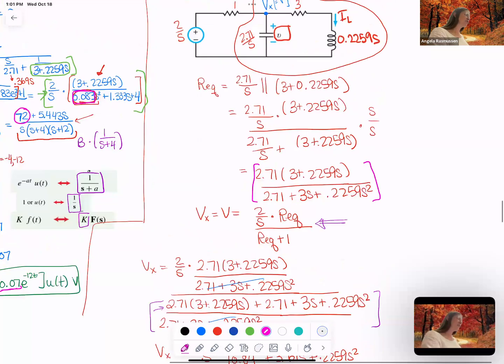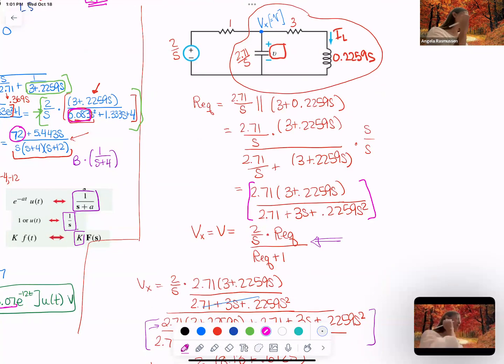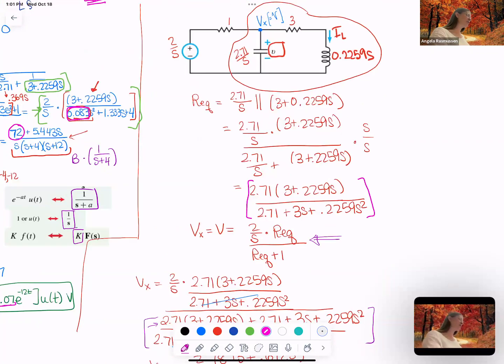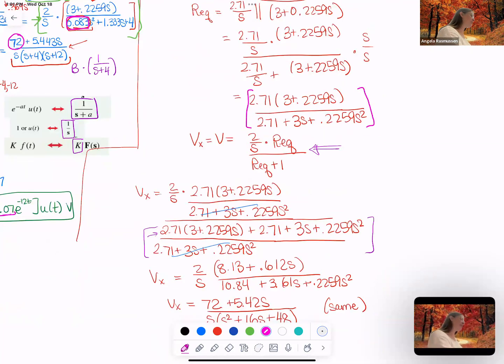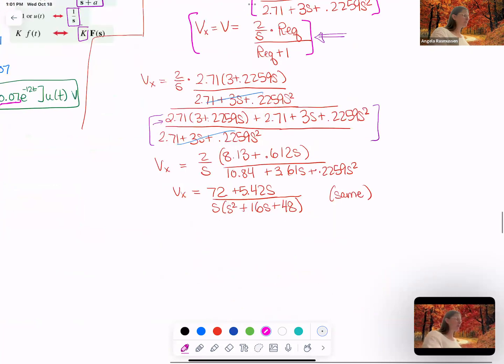And then you can do either voltage division or node voltage from there, which is just going to be (Vx minus 2 over S) divided by 1, and then the R equivalent will just be Vx over R equivalent. And so that will solve to give you this equation. And you can then manipulate that algebraically and get the same solution. So that's just another way of solving for this.